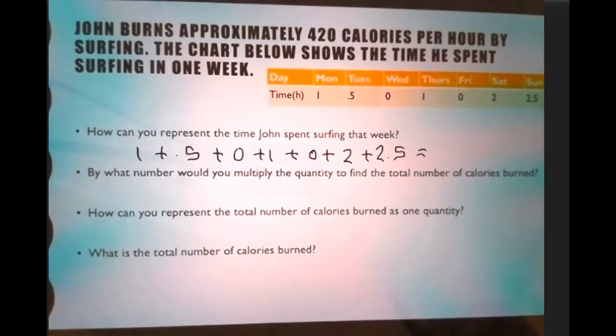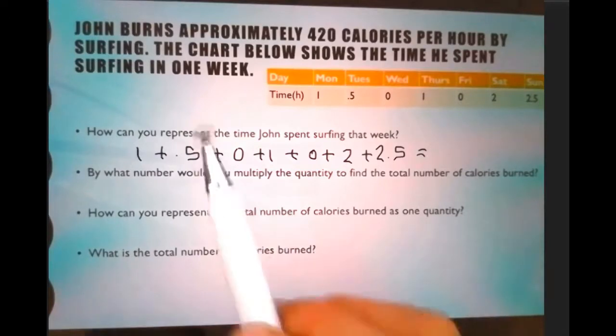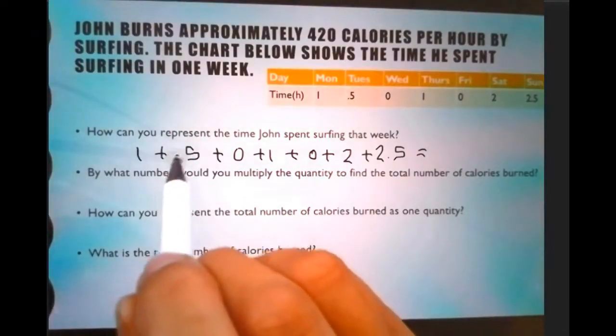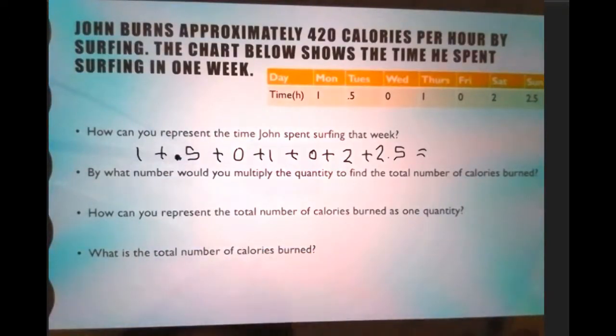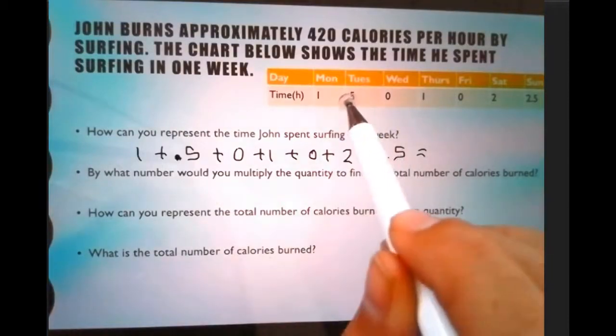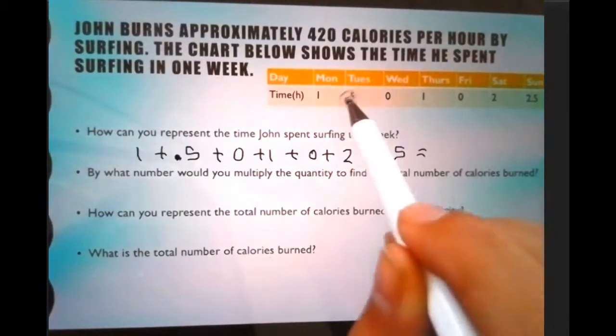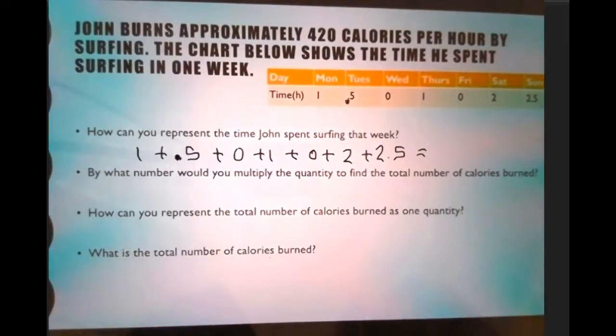Guys, are we treating Tuesday like 5, not 0.5? Tuesday is 0.5. I know it's kind of hard to see. Let's try again. What do you get, Zoe? That's what I got.